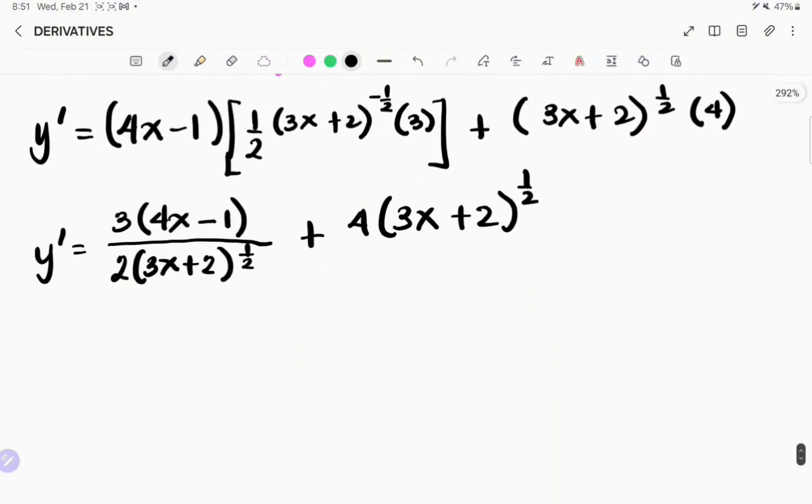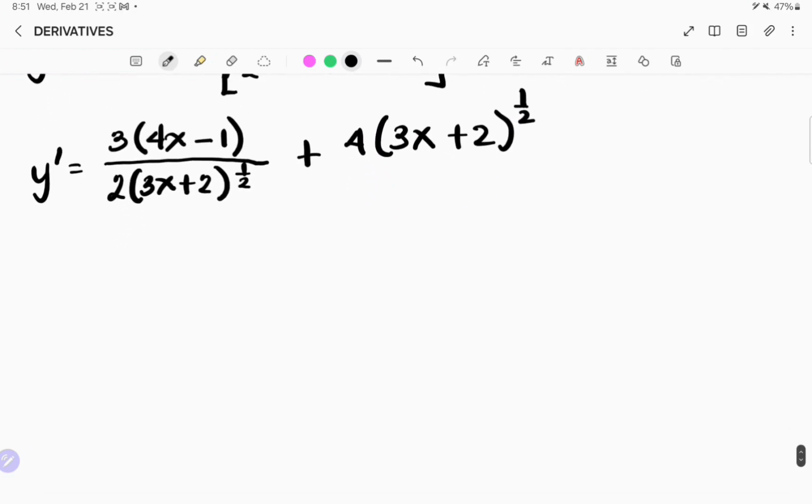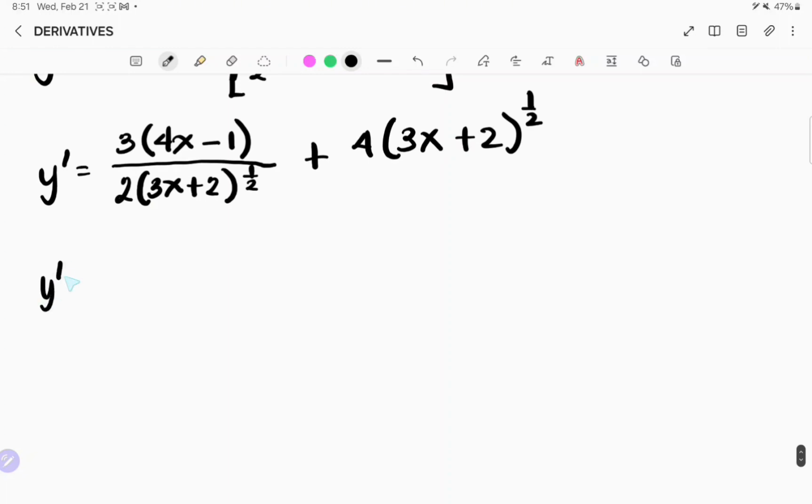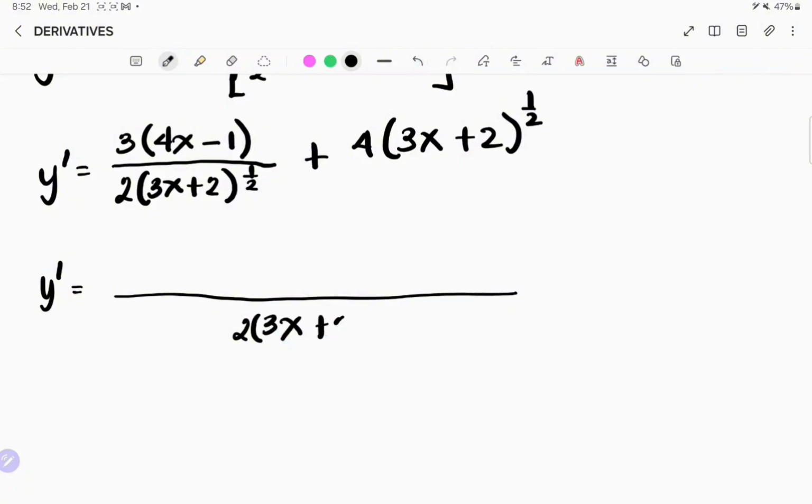Now, since we have a fraction to be added by this whole expression, we have to get the LCD to further simplify this. So our LCD is 2 times 3x plus 2 raised to 1 half. And dividing this LCD by our first denominator will give us 1 to be multiplied by the numerator, which is still the same, plus.